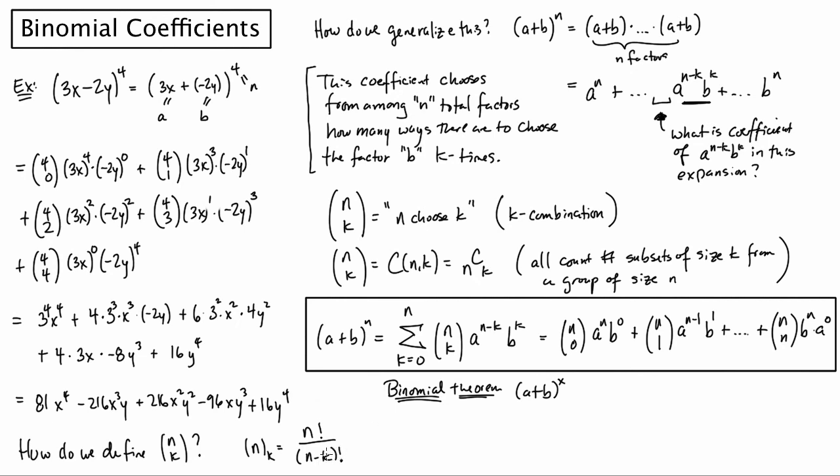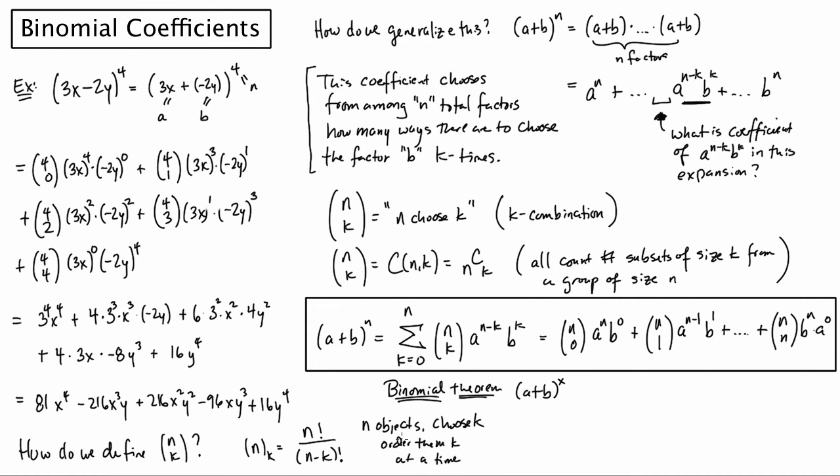And remember what the falling factorial notation does is it calculates n objects where I choose k of those objects and I order them k at a time.